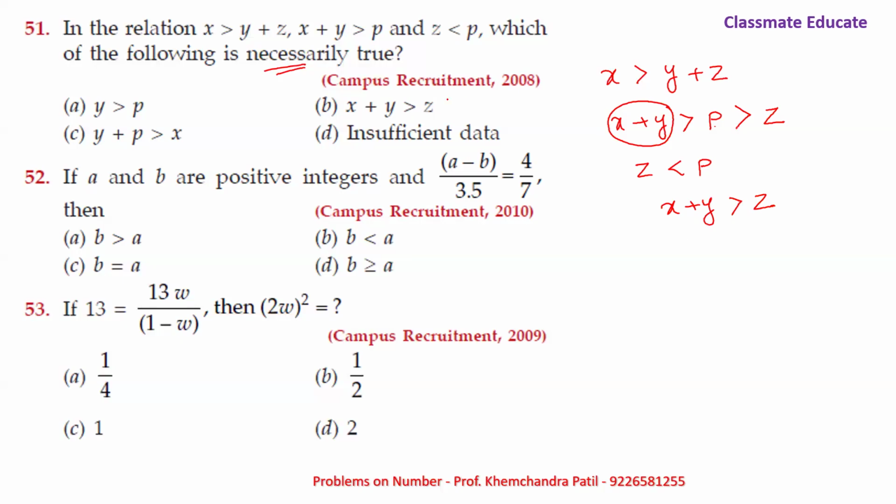Yes, this is true. Yes or no? Look brother, X plus Y is greater than P and P is greater than Z. So what I can say, X plus Y, this is also greater than Z. This is your answer, my dear friends.